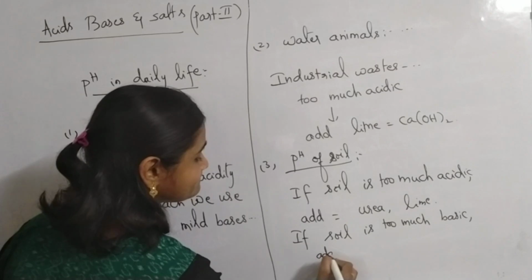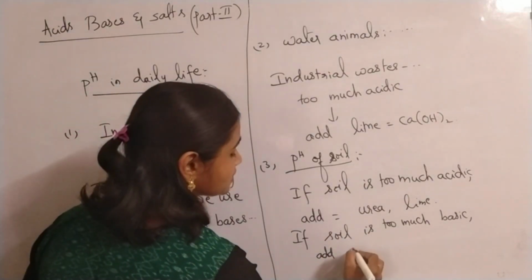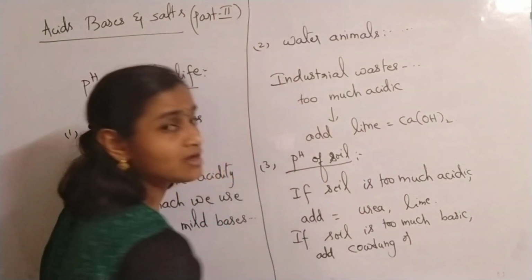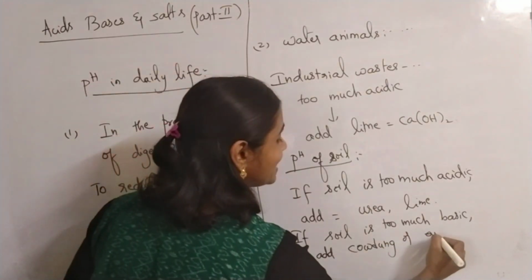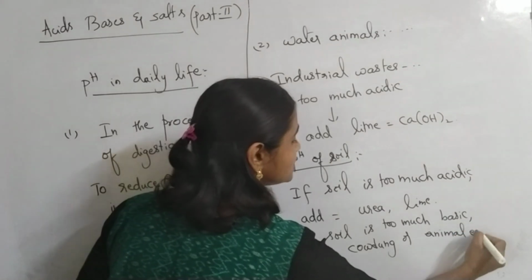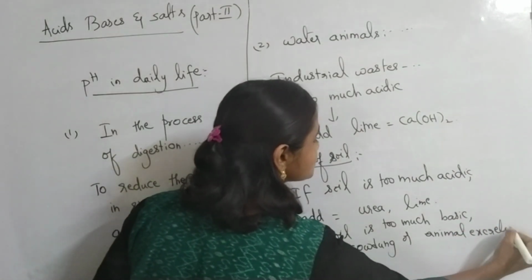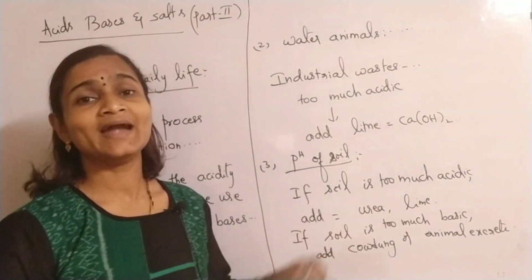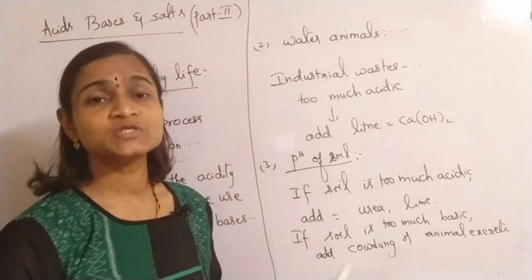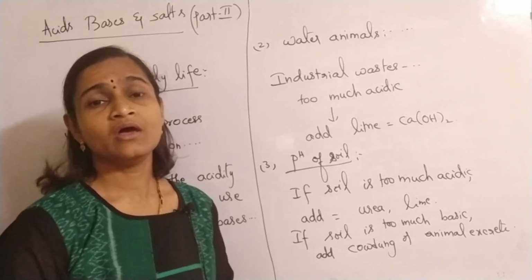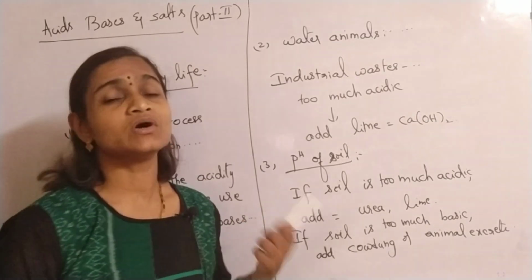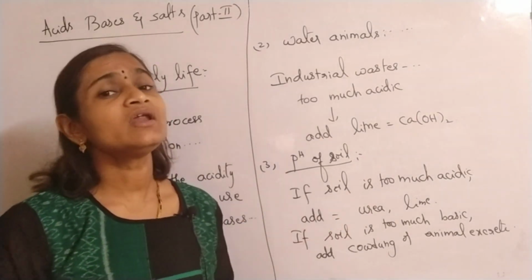Add cow dung or animal excreta, in order to neutralize the acidic or basic nature of the soil. These points you will be getting in objectives, my dear children, where you are using the concept of pH or neutralization in your daily life.